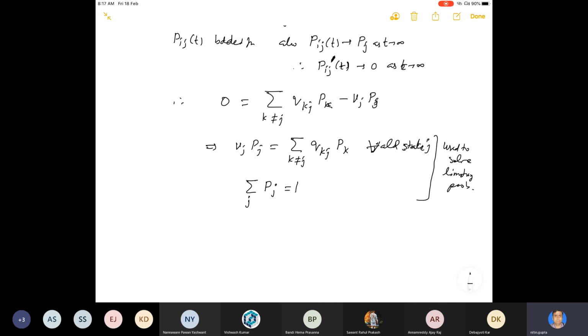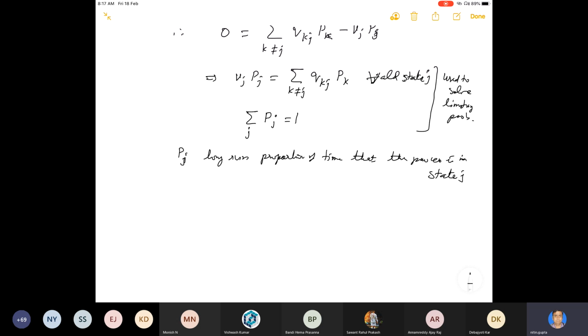If these hold, then the limiting probability will exist, and Pj is the long run proportion of time that the process is in state J. So let us take an example, the birth and death process.